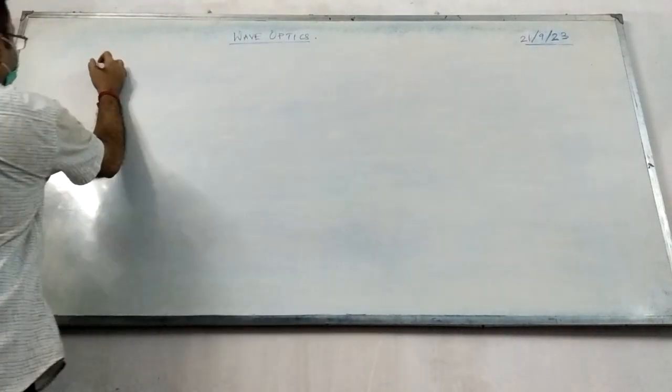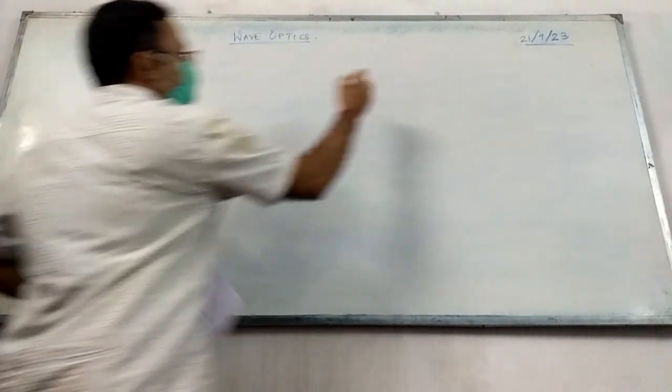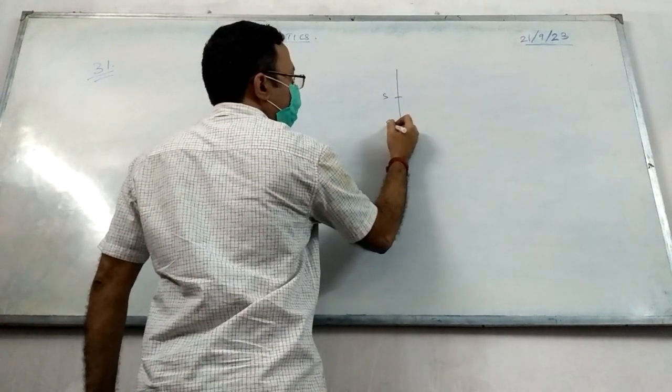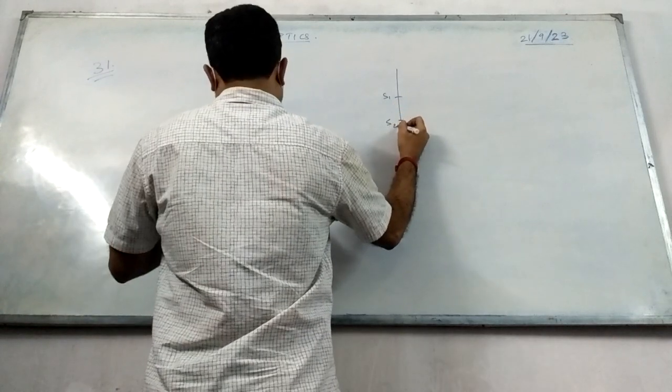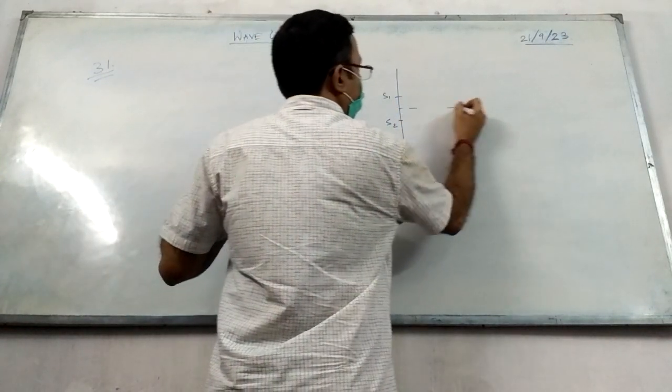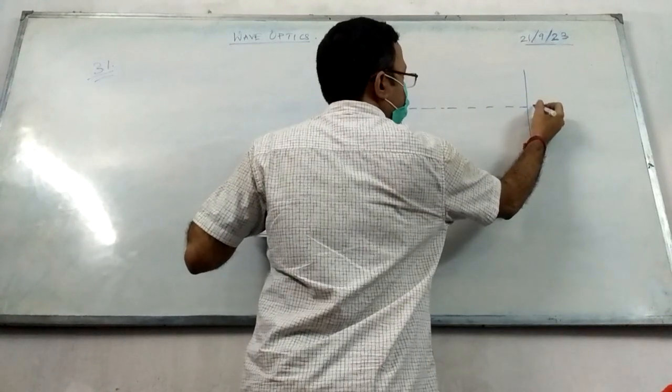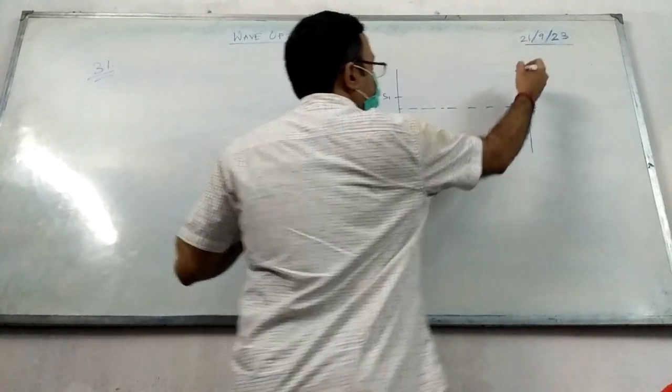See question number 31. It says that we have two slits S1 and S2, and O is the position of the central maxima.